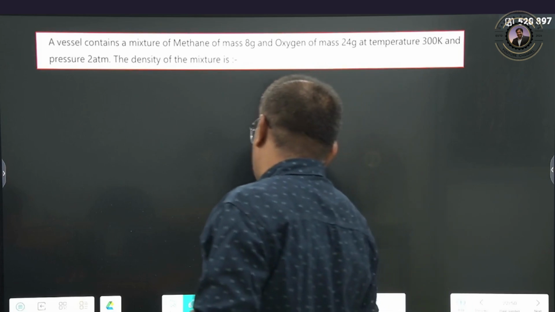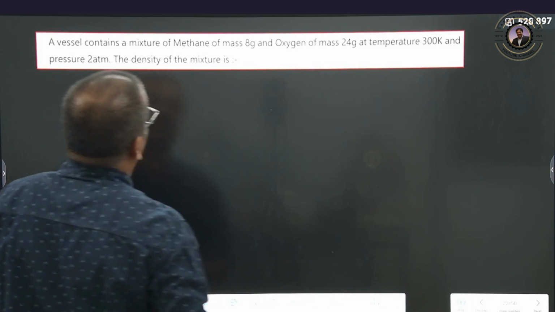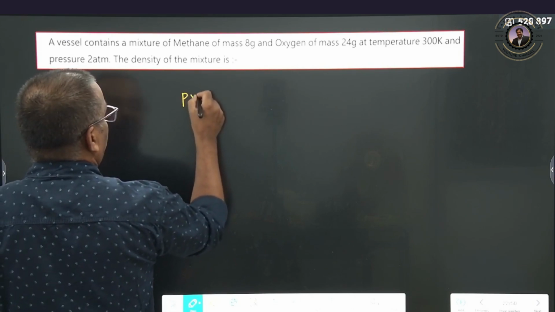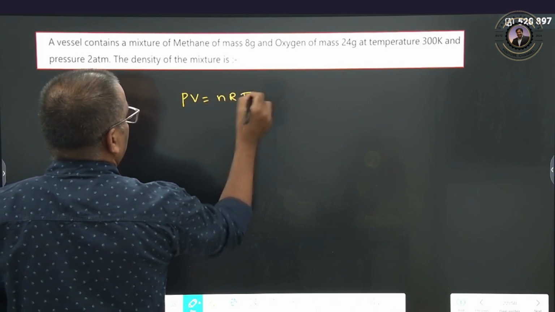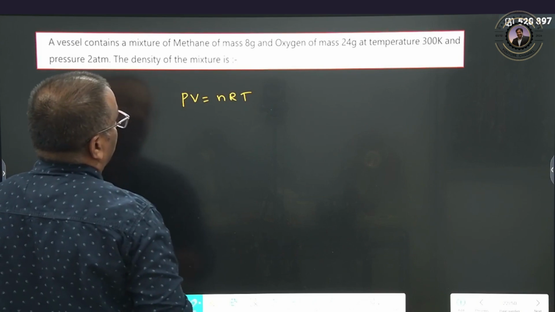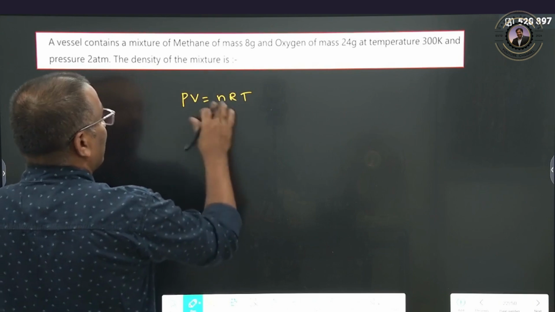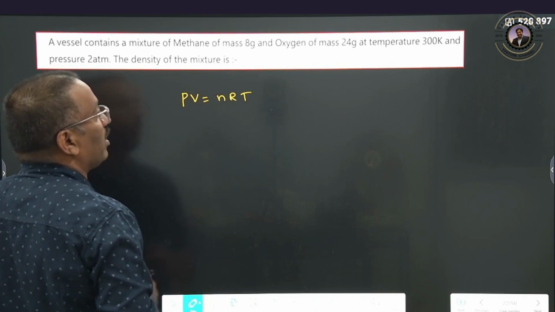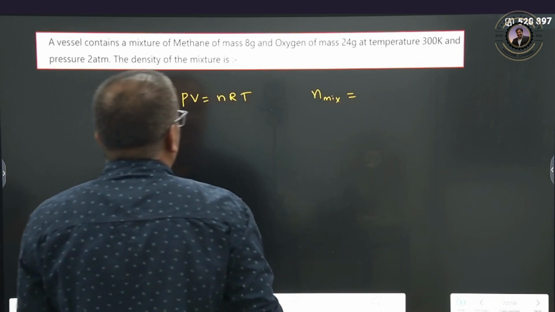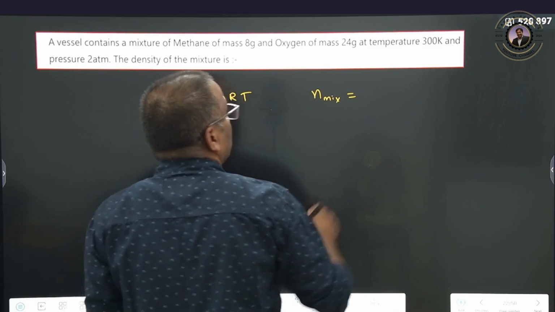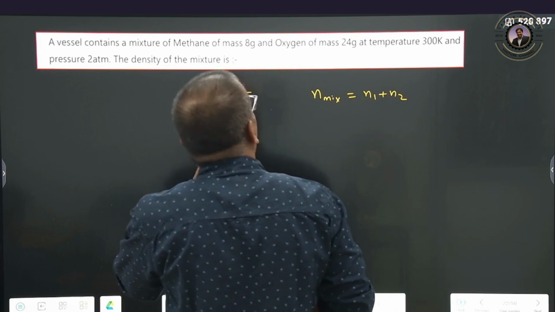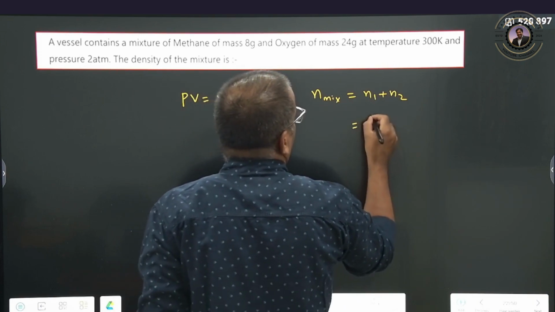Clear? So here, density you can rewrite as a formula, therefore PV equals nRT. Here n is the number of moles of the mixture, which can be written as n1 plus n2. Clear? So the number of moles of methane is 8 grams.